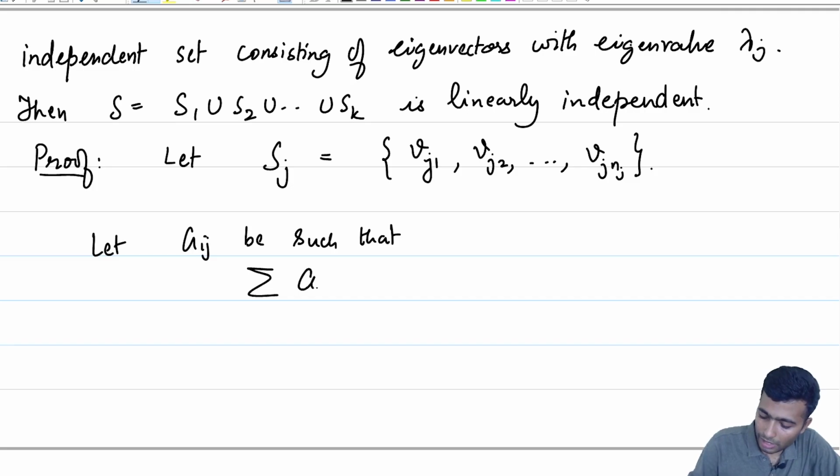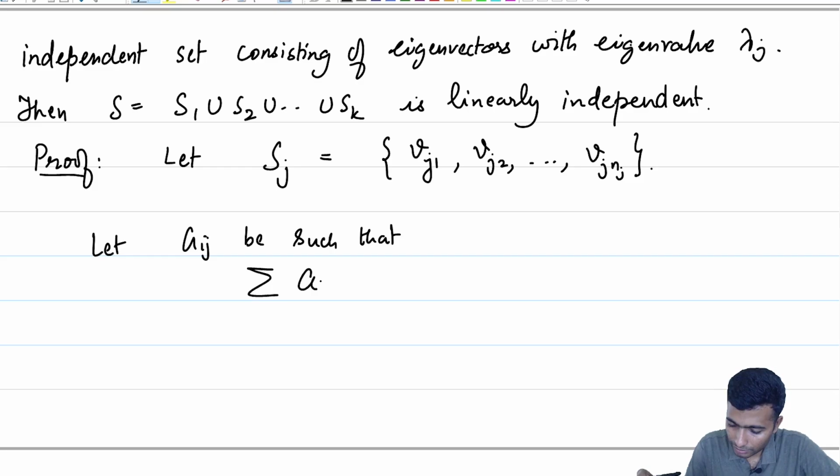the summation, okay, j might not be a good idea, so let us be a little careful with indices.